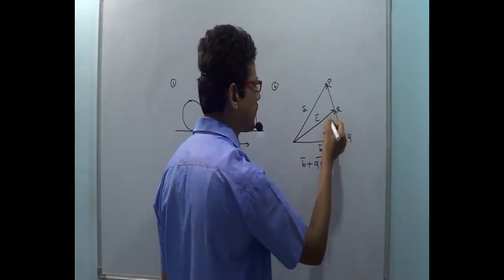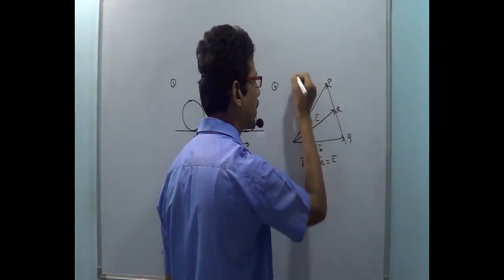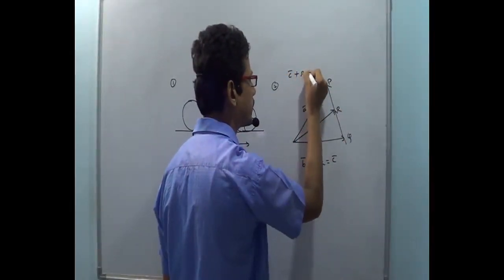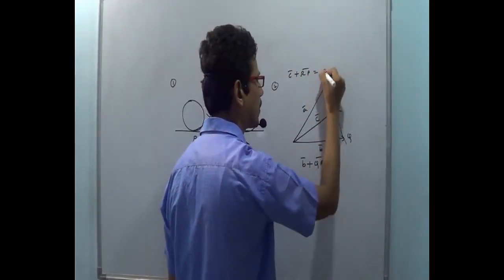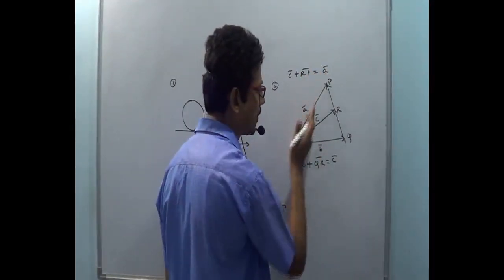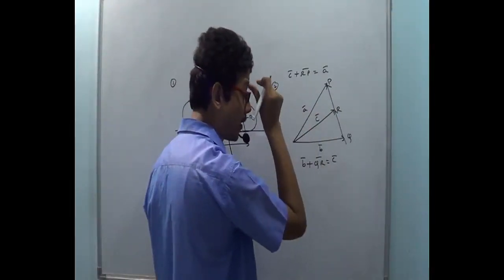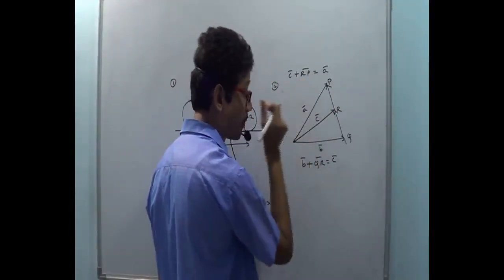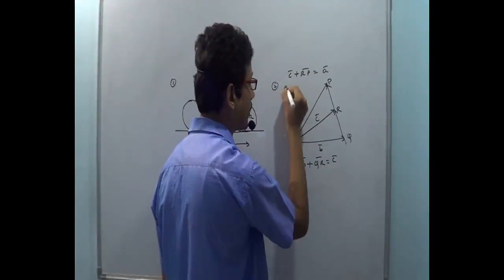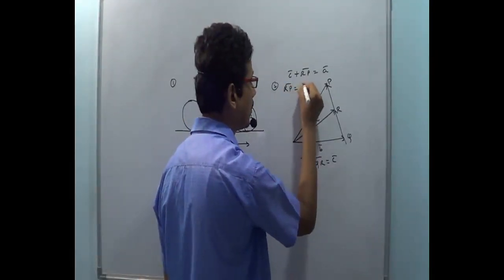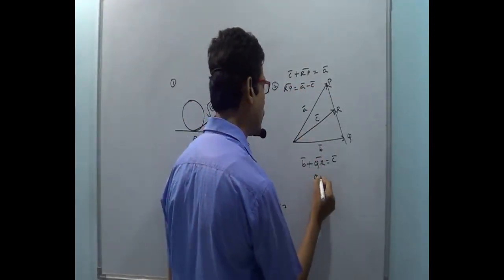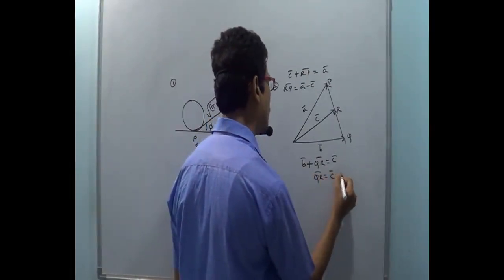And similarly, c bar plus RP bar is equal to a bar. Closing side of the triangle taken in the reverse order. If I add these two, I will get this. And I know that QR bar is same as RP bar. What is RP bar? We got a bar minus c bar. What is QR bar? c bar minus b bar.